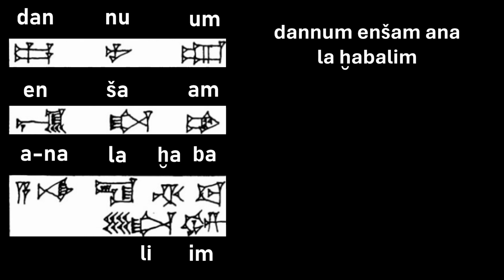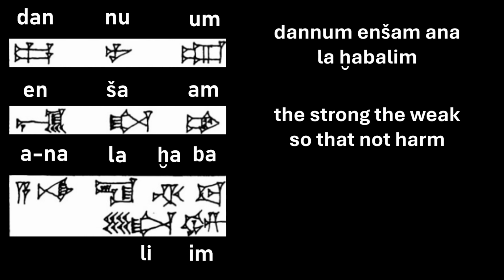And it's interesting because la is the negative particle even in modern Semitic languages which are related to Akkadian, such as Arabic. Finally, habalim is a verb. It means to harm. So, taken all together, in a literal word-by-word translation, the sentence reads: the strong, the weak, so that not harm.